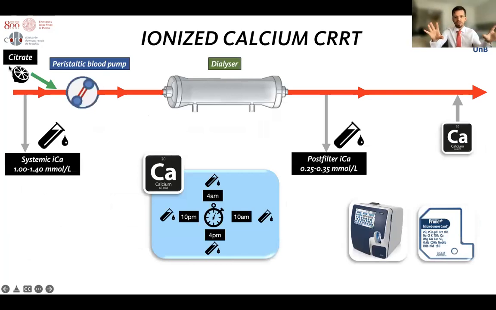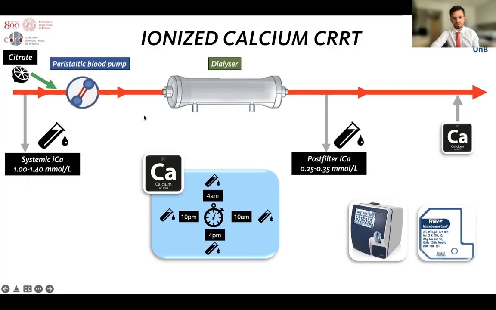And this is the representation, the blueprint of a CRT circuit. Briefly, the citrate gets into the blood. Then we have a blood pump. We measure ionized calcium in the patient before citrate gets into the circuit and mixes with blood.